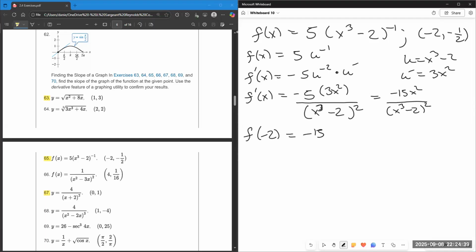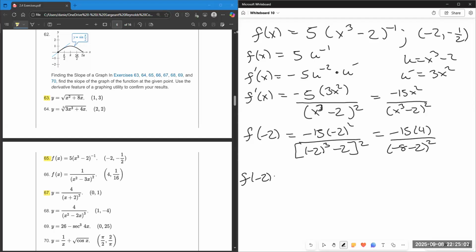So -15 times -2 to the 2nd over -2 to the 3rd minus 2, and all that squared, is -15 times 4 over -8 minus 2 squared. F prime of -2 is -60 over -10 to the 2nd, -60 over 100, is -6 over 10, is -3/5.